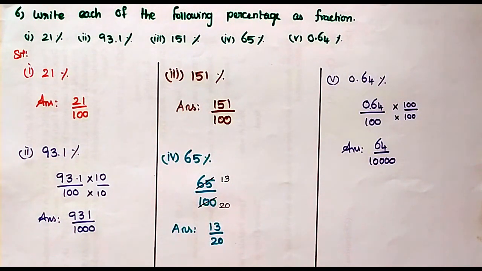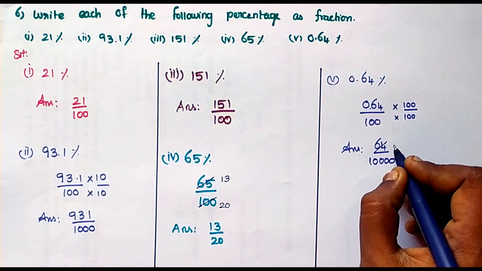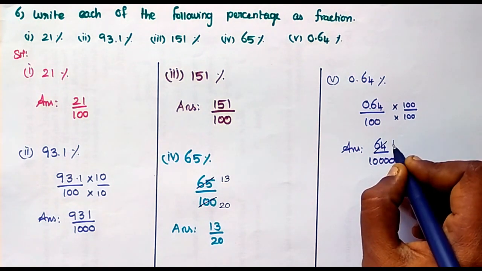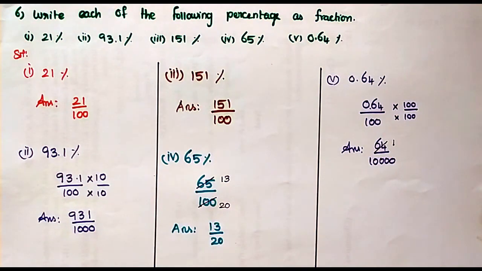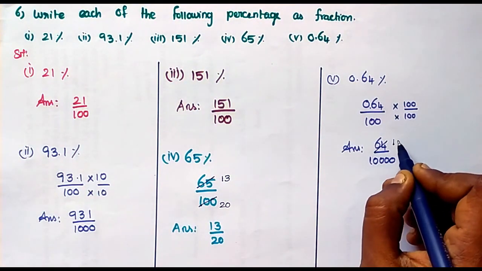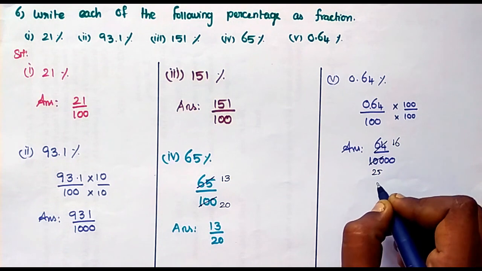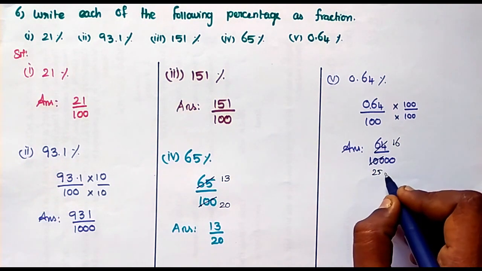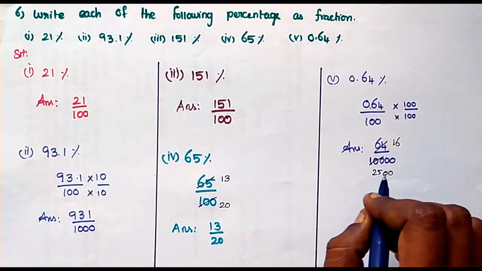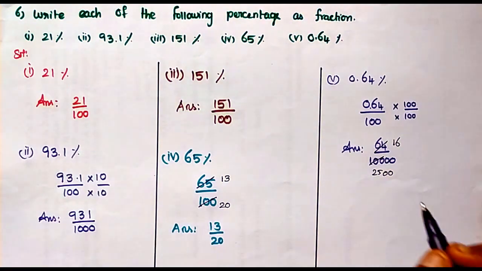Cancellation. 16 fours are 64, 25 fours are 100. Put the 2 0s, means we get 16 by 2500.